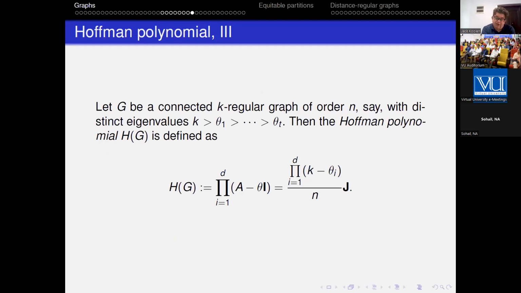Then if I look at the product over i from 1 to d of (A minus θ_i I), then that is the product of (K minus θ_i) over n.